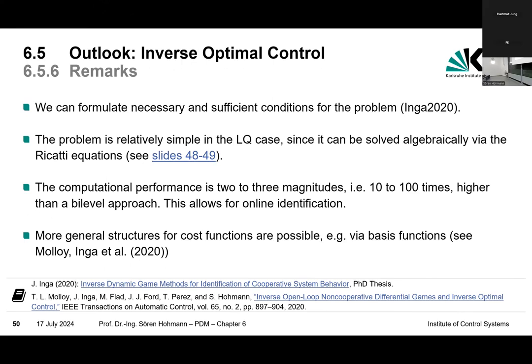Then why not use a copy of that for the machine? So also an optimal control problem. Then you have two optimal control problems. If two optimal control problems are acting together, you end up, unfortunately, with a dynamic game. So they are playing together.